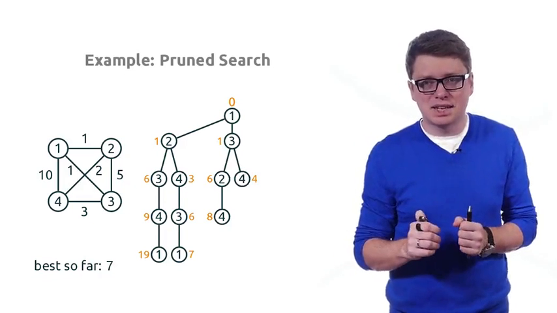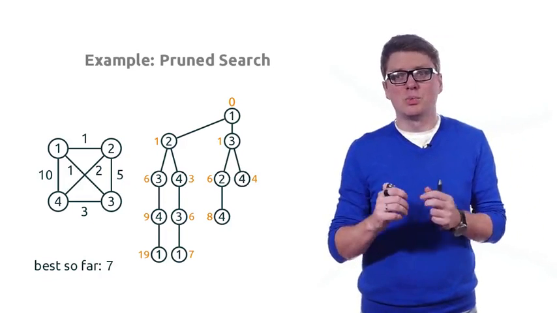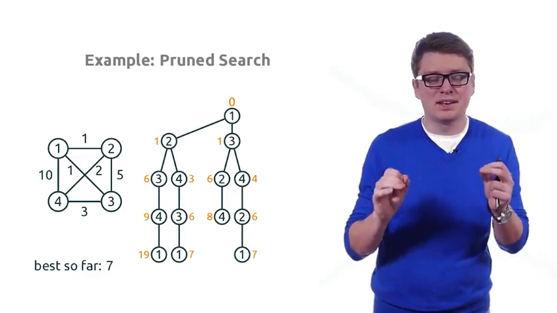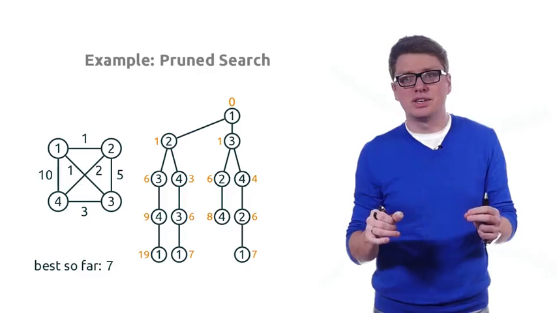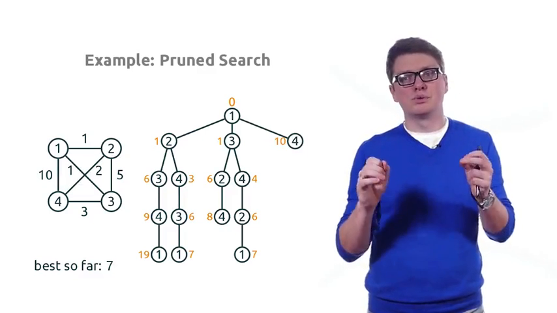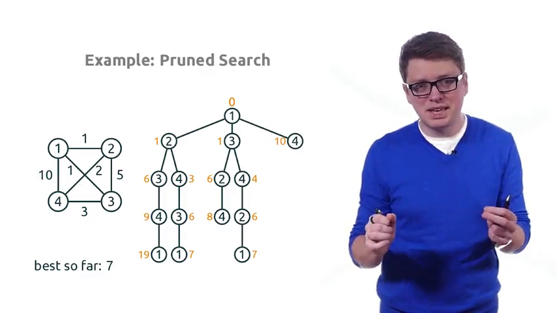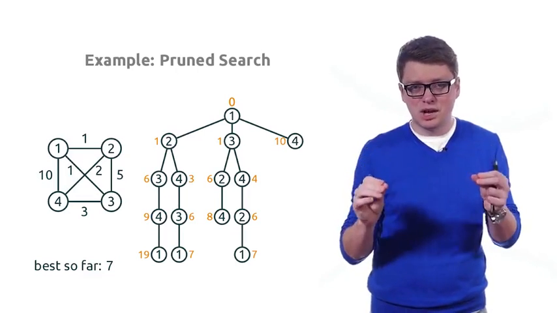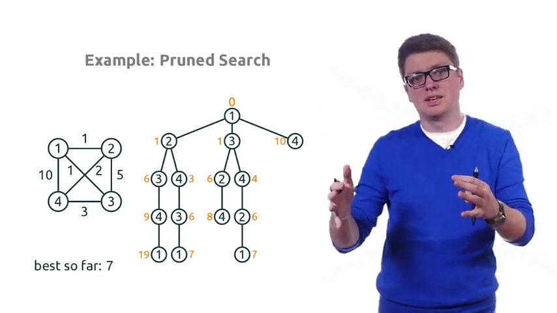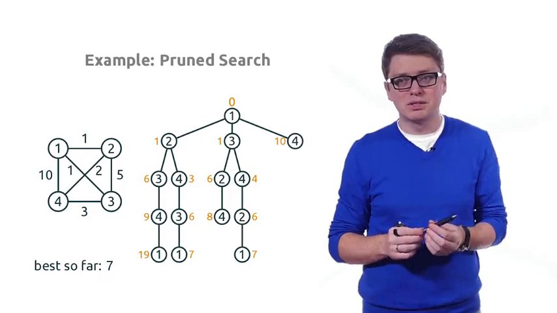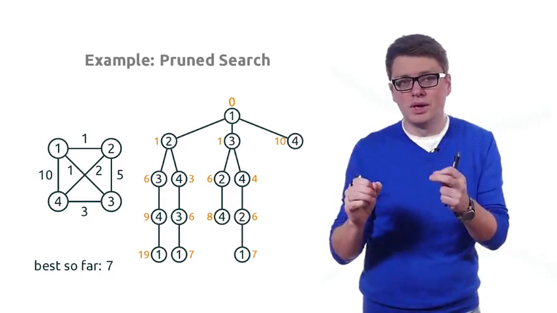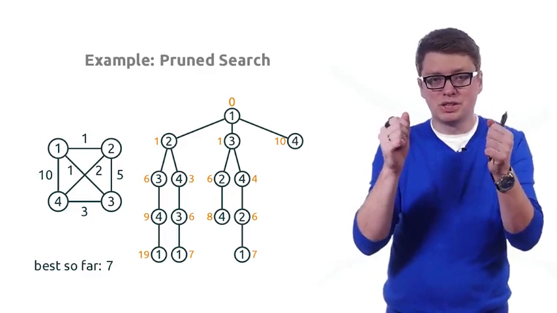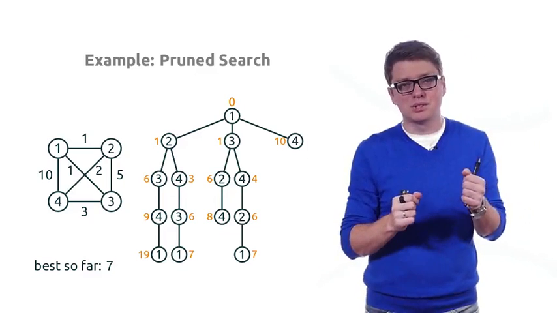But then let's consider what happens in another branch. Well, in another branch we again find this cycle of length 7, but then in the final branch, if from the first node we go to the fourth node, then we see that in this case there is no sense in extending this subtree further, because already going from 0 to the node 4 gives us a path which is longer than the best cycle that we've seen so far, right?